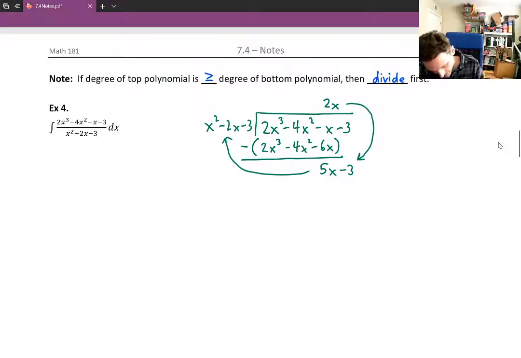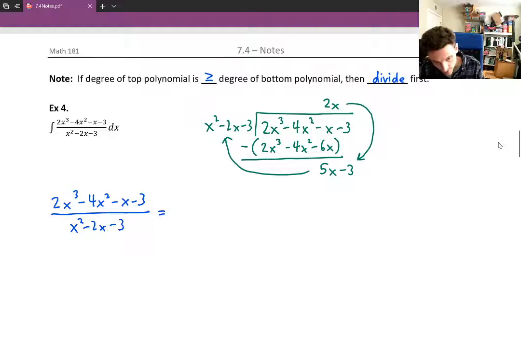We're going to write out that (2x cubed minus 4x squared minus x minus 3) over (x squared minus 2x minus 3) is equal to 2x plus (5x minus 3) over (x squared minus 2x minus 3).